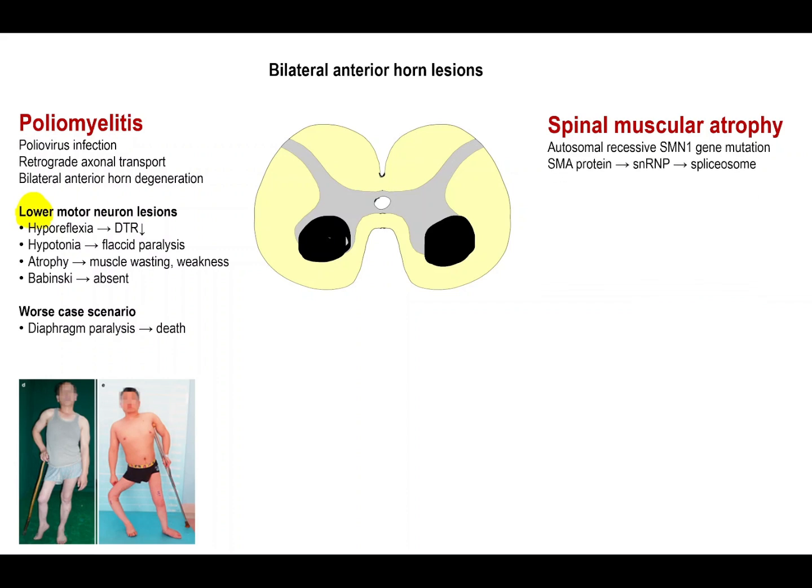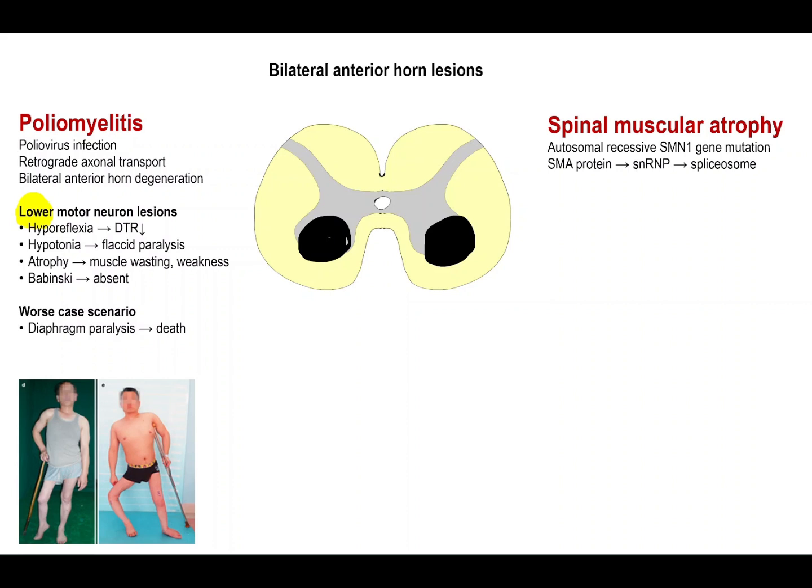This gene is responsible for small nuclear ribonucleoproteins, which are responsible for splicing RNA. If you don't know what that is, you should watch my genetics lecture. There you will find out spliceosomes are responsible for processing of RNA. It cuts it into small pieces, you remove the introns and you keep the exons, right? Anyways, this is a genetic disease.